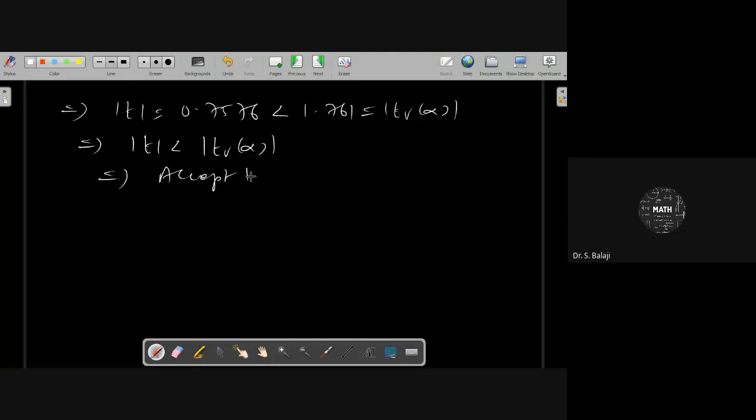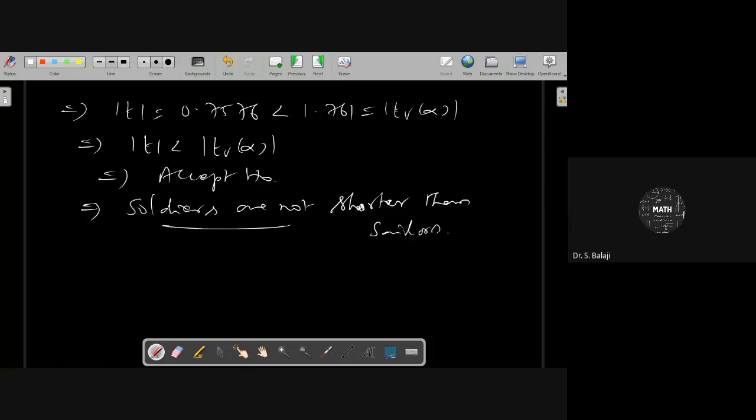It implies soldiers are not shorter than sailors in general.